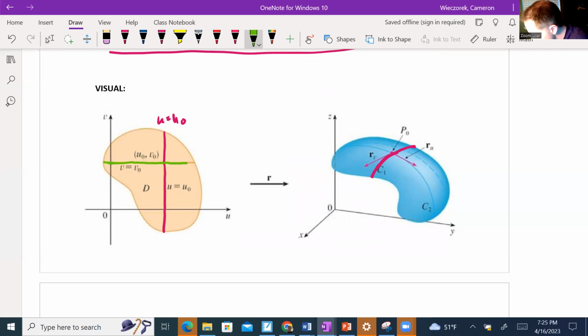Here's v equals v naught, fix a value of v. That's going to go to a separate grid curve, C2. And then at these intersections right here, here's my point P naught that I'm interested in. I get one vector going this way. There's my r sub v. That goes with grid curve C1. And then I get my second tangent vector going this way. That's r sub u, and that goes with grid curve C2.